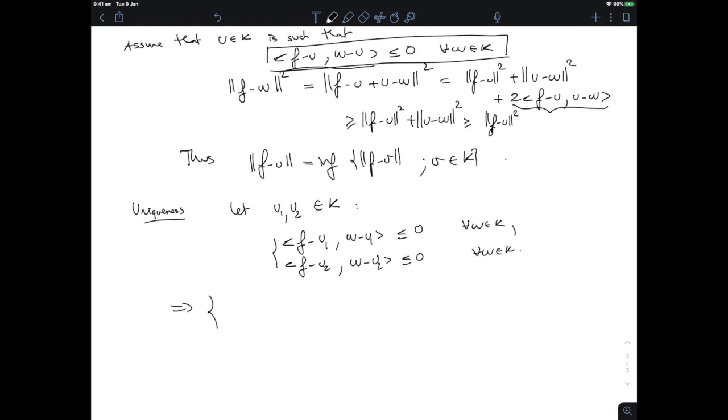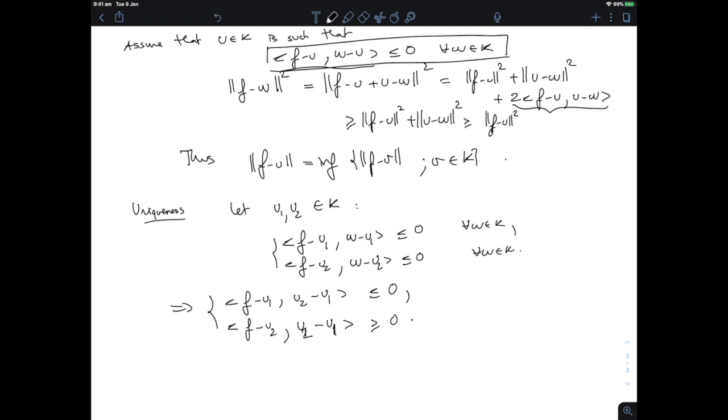Now that would give me that (f minus u1, u2 minus u1) is less or equal than 0, and that would give me that (f minus u2, u1 minus u2), let's multiply all of that by minus 1, such that we have it in the same order as the first inequality, would have to be greater or equal to 0.